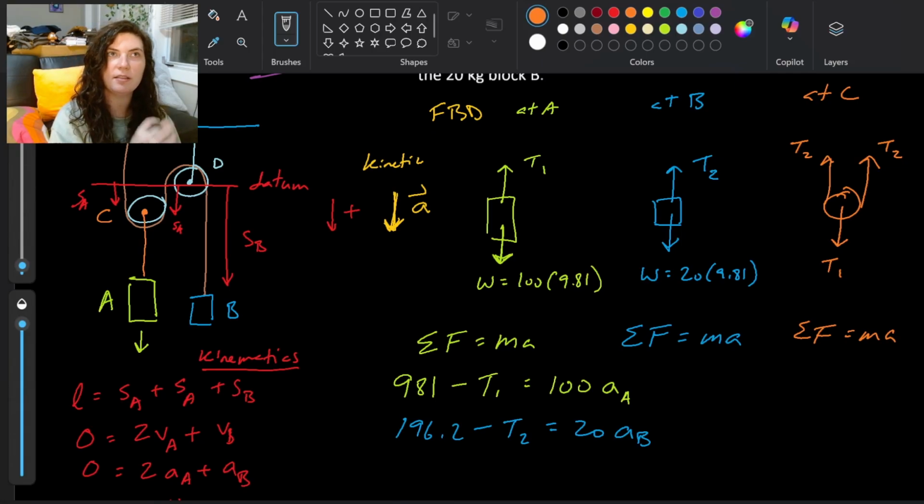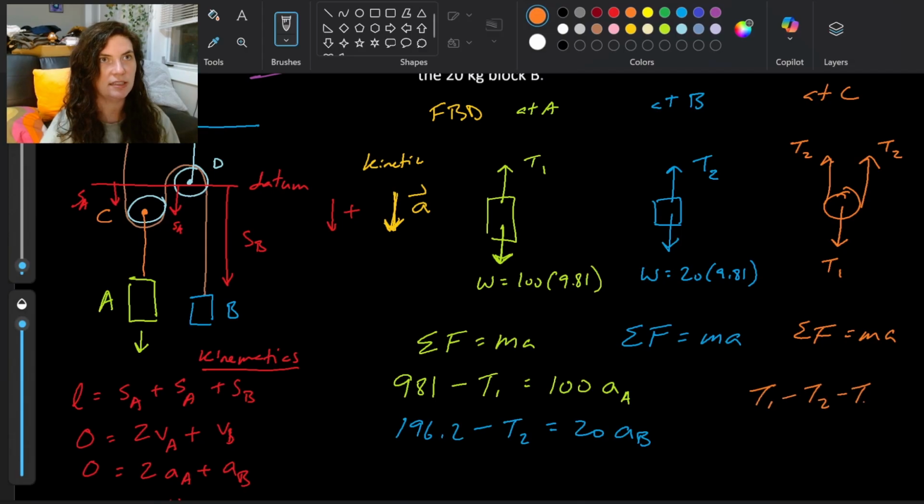If we neglect the mass of that pulley, then when I do the sum of forces here, T1 minus T2 minus T2 equals mass times acceleration. Mass is 0. So it doesn't actually matter what AC is. The mass is 0. And then this acts like a statics problem, where we get T1 equals 2 T2.